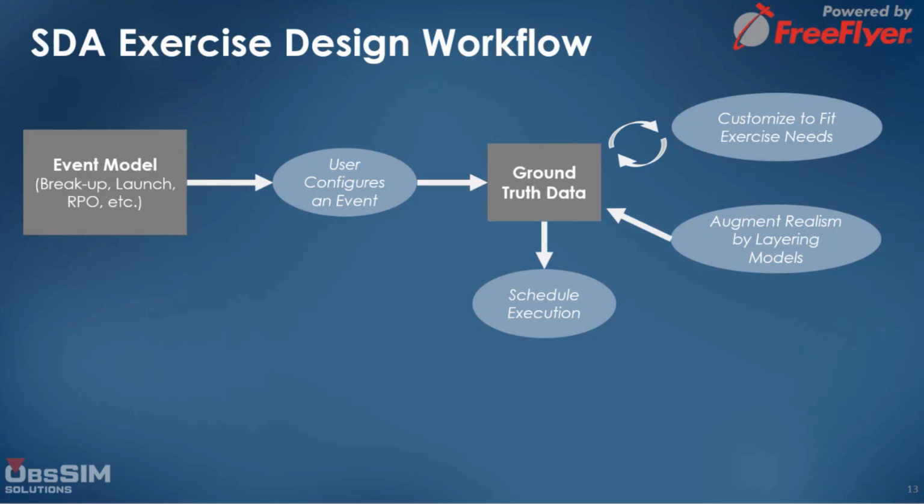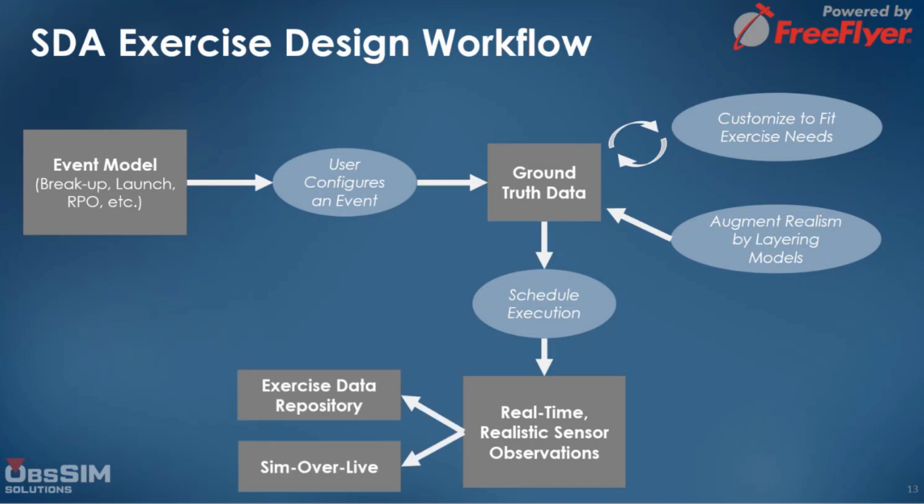So that ground truth is scheduled for execution, and we get the real-time sensor observations. Those observations are then pushed to a variety of data destinations depending on the exercise needs. So that might be a data repository for the exercise.